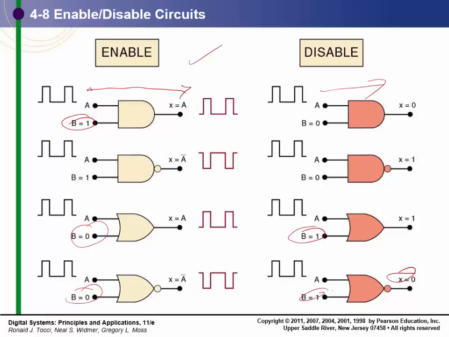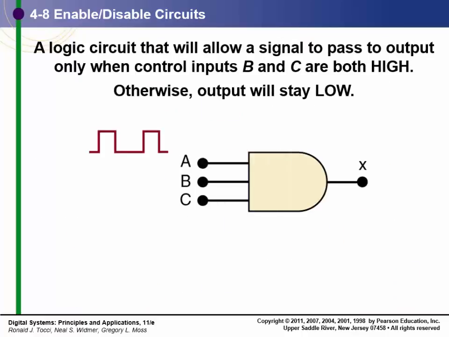When we say basic gates, I'm talking AND, OR, NAND, and NOR. The NOT gate and the inverter are used for other things; we don't use them for this. So they can be used for enabling and disabling signals. Again, an enable is logic that allows a signal to pass through only when the controls are both high.